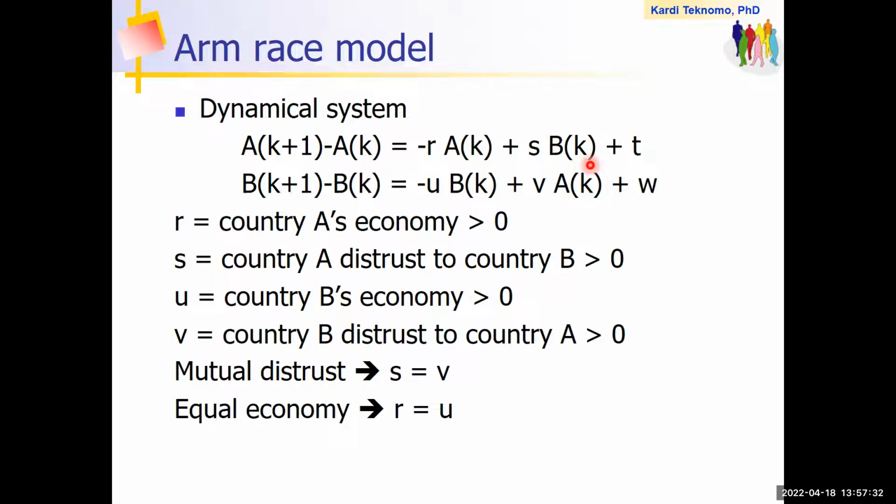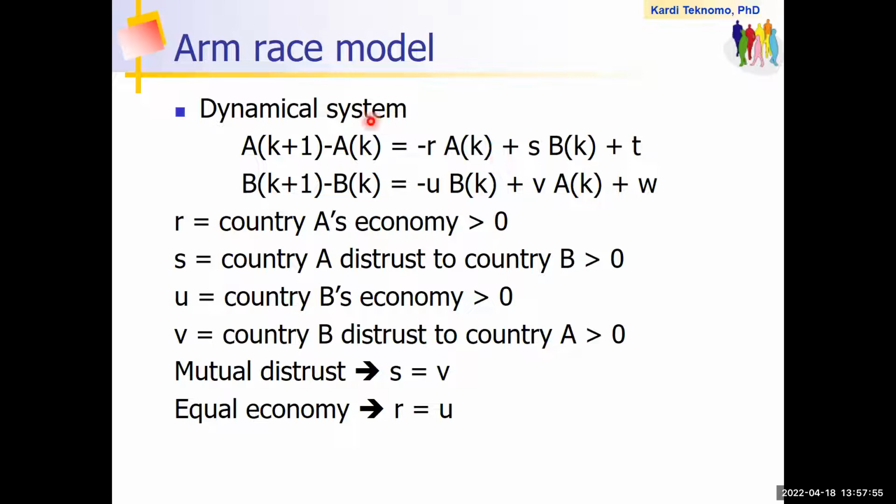And similarly for B. If you look at the values of R, S, T, here are the parameters. What's the meaning of the parameters? Richardson says that R here is actually country A's economy. The difference depends on the state.